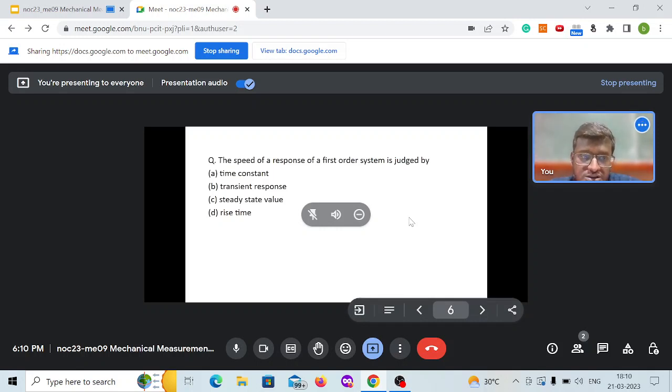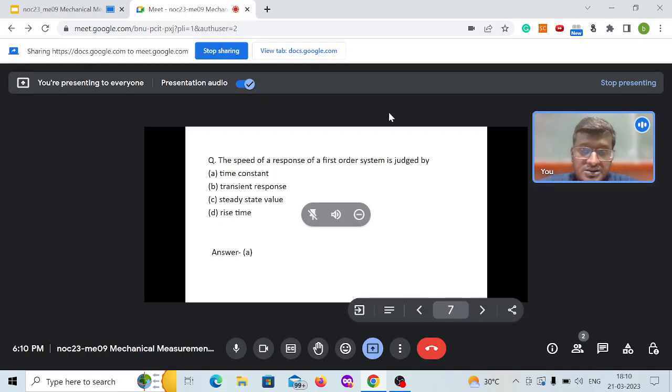So how do we judge a first order system? The answer is A, time constant.